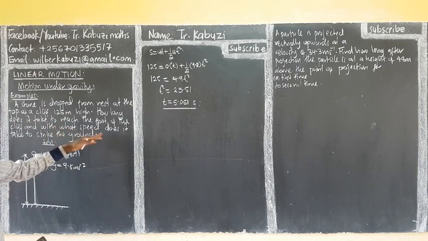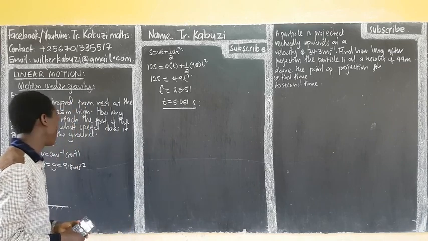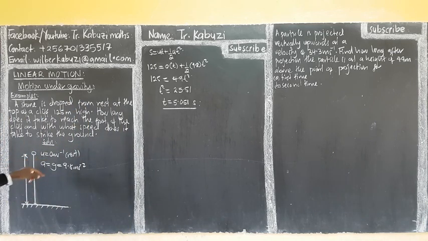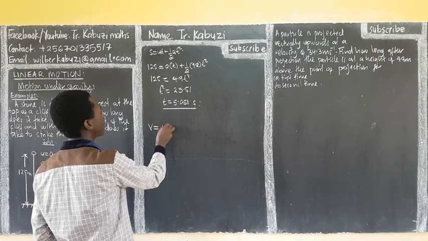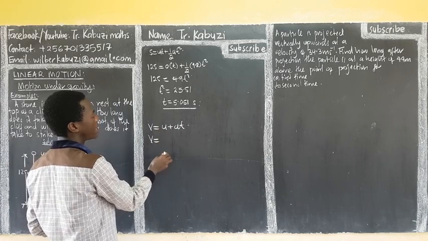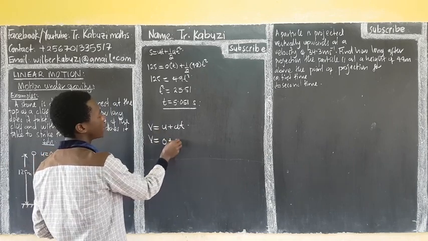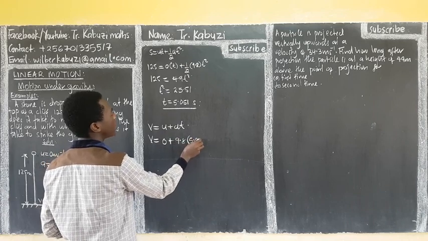And with what speed will it strike the ground there? What are they asking for us to get? They are asking us to get the final velocity. The initial velocity is 0, so they are asking us to get the v when it hits the ground. Here the velocity v is equal to u plus at. So our final velocity we are looking for is 0 plus the acceleration, which is the gravitational force, times 5.051.